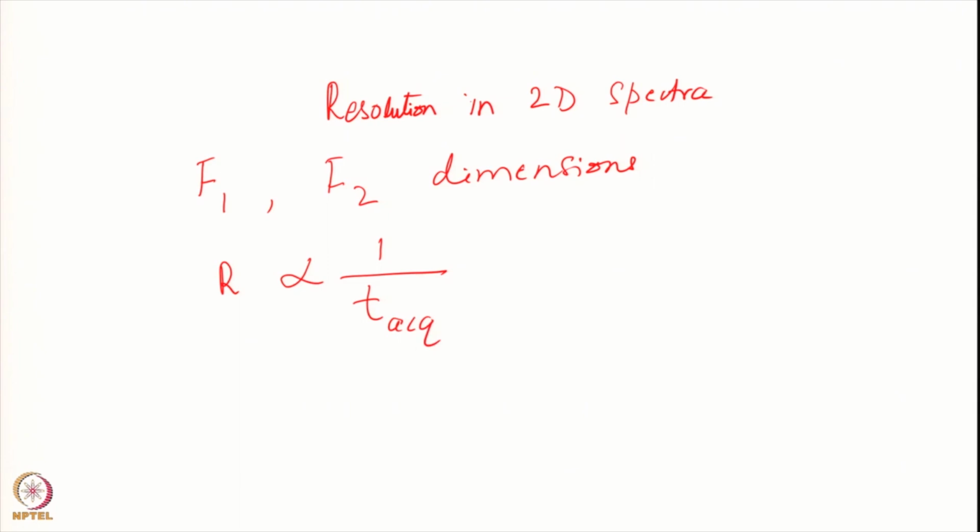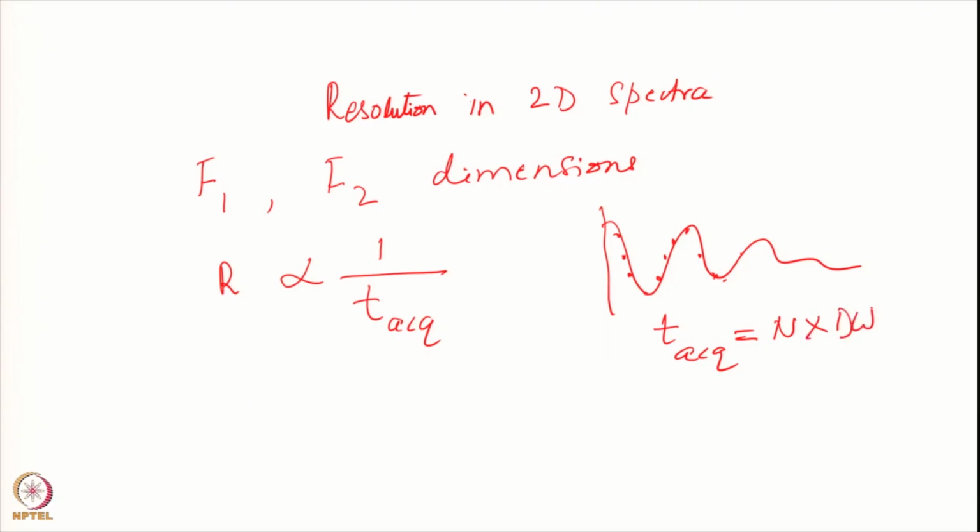What does that mean? This is similar to what we talked about in the case of the 1D spectra. Suppose I have the FID here and I have various points collected here, so many data points. Suppose I collected n data points; the total acquisition time is n times dw, which is the dwell time, the time between two consecutive points.